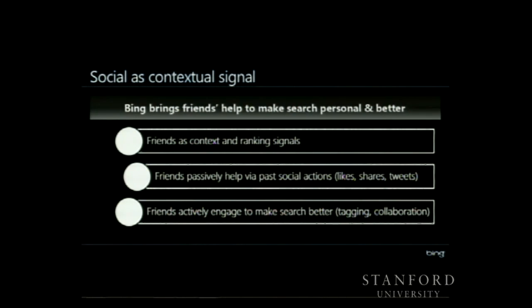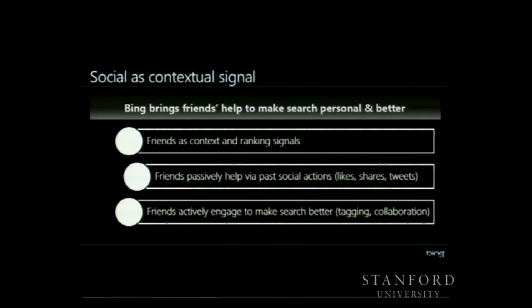If you have enough of this kind of social data, then you can think about different ways to use the social signal. Clearly, you can use friends as a context, as a ranking signal. They might have liked something, they might know something, and if you can index those things, it will be good. Friends can also passively help through the previous social actions I mentioned.